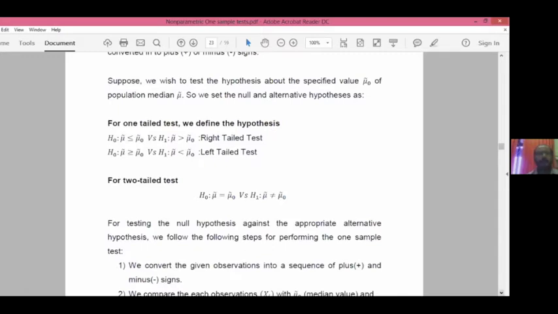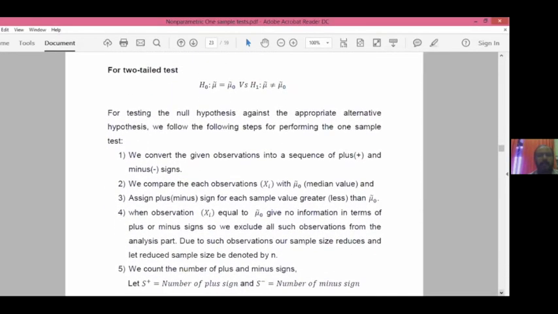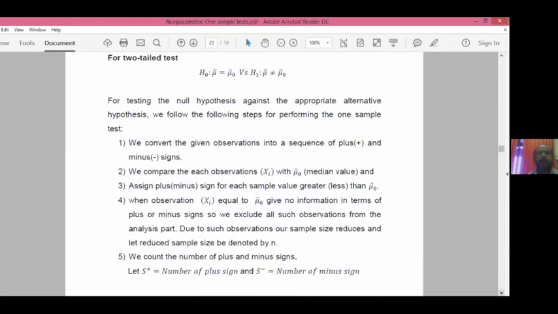For testing the null hypothesis against the appropriate alternative hypothesis, we follow these steps for performing the one-sample test. Step one, we convert the given observations into a sequence of plus and minus signs. Second, we compare each observation xi with the hypothesized median value mu naught.